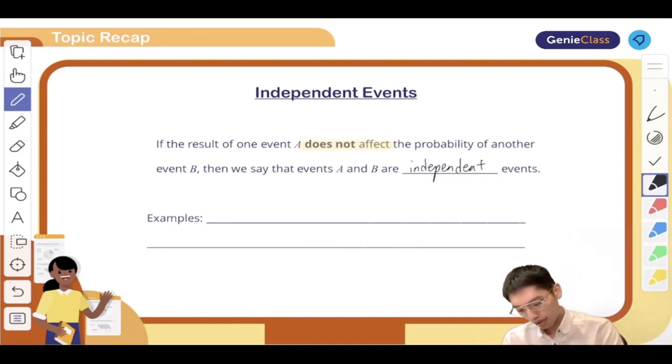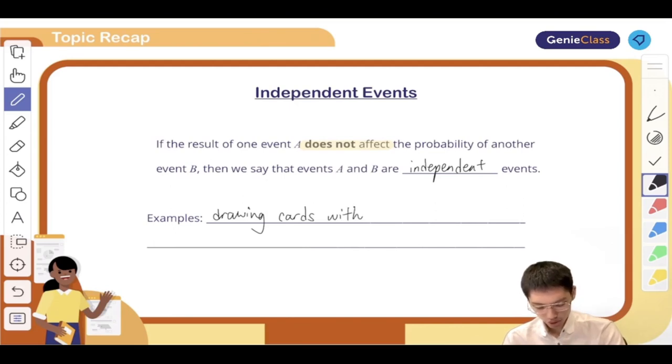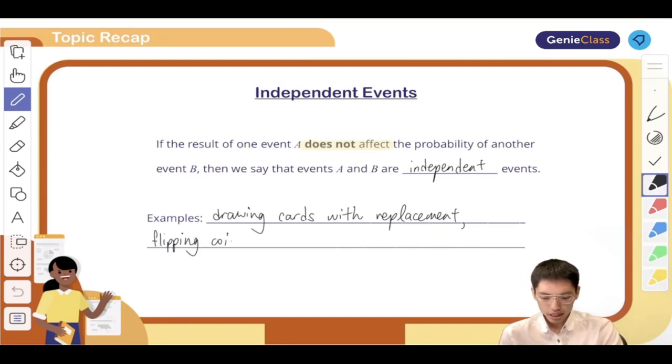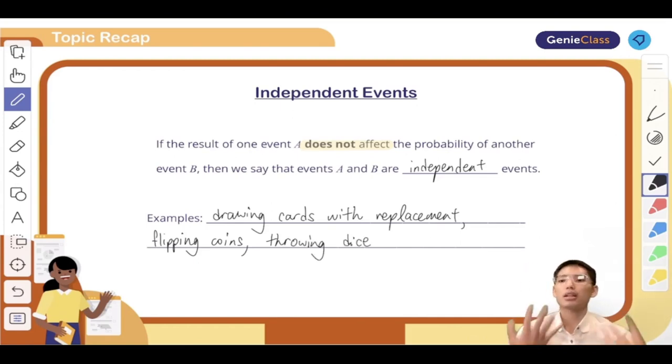Common examples are drawing cards with replacement, flipping coins, or even rolling a die. These are independent events where one event does not affect the outcome of the other event. And you can think of other situations as well.